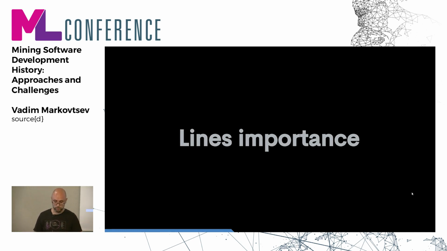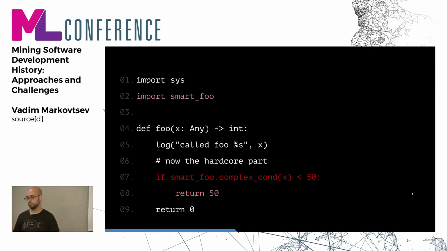Finally, you can also estimate line importance. So this is an example. Imagine that you have this code snippet in Python, and when you do import sys, usually you don't pay much attention to that because sys is a system package, it's well known. However, if you import some very rare Python package, probably there is something important about it.